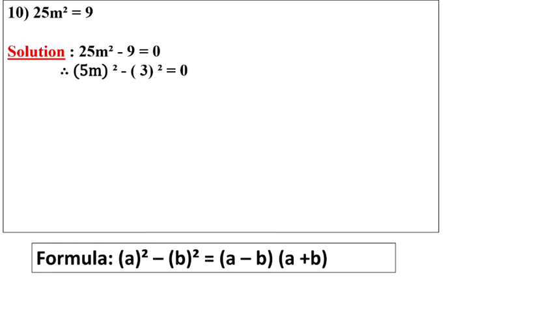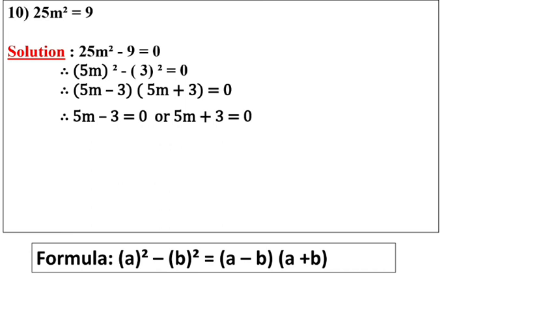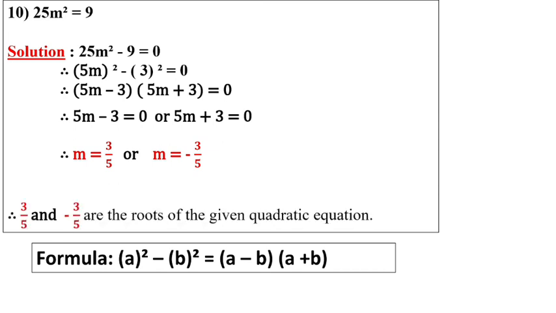So our a is 5 and b is 3. We will take one in the positive and one in the negative. Same we will do. 5m minus 3 equal to 0 and 5m plus 3 equal to 0. Minus 3 becomes plus 3 upon 5. Plus 3 becomes minus 3 upon 5. So these two are the roots of the given quadratic equation. Here you can identify this formula because 25 is the square of 5 and 9 is the square of 3.